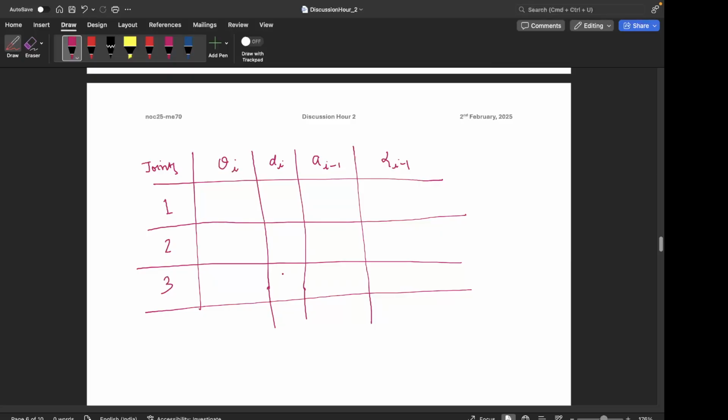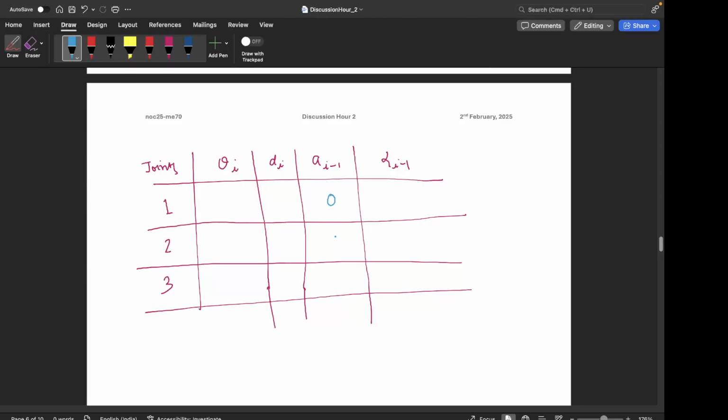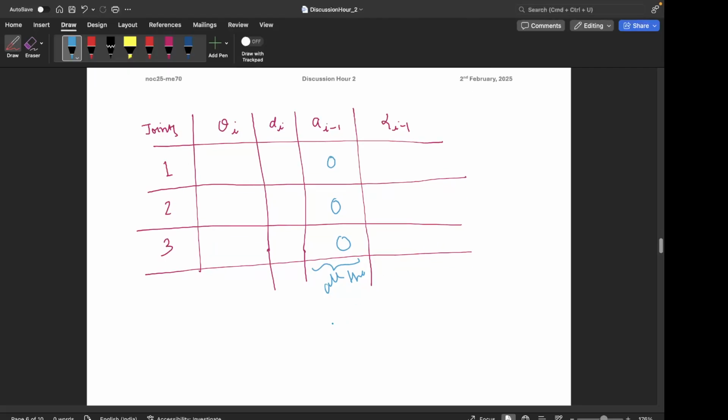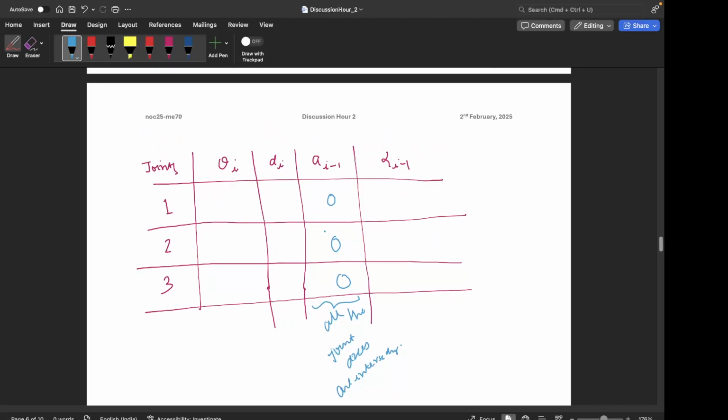right? So since all the joint axes are intersecting, the link length parameters are all 0. Okay, then what we have is the twist angle, right?